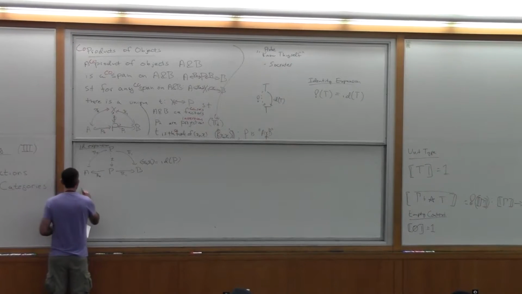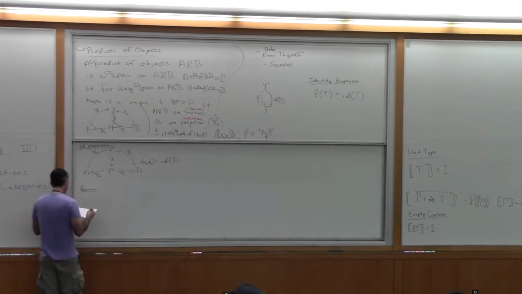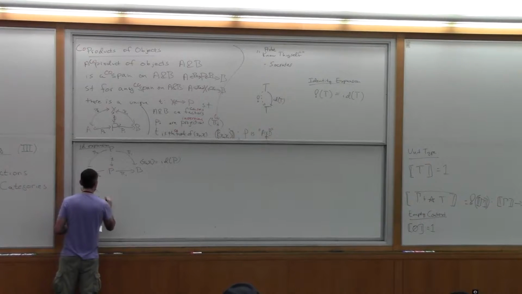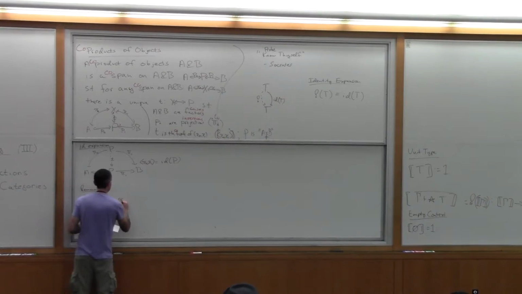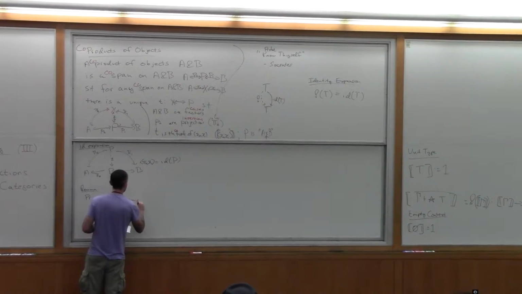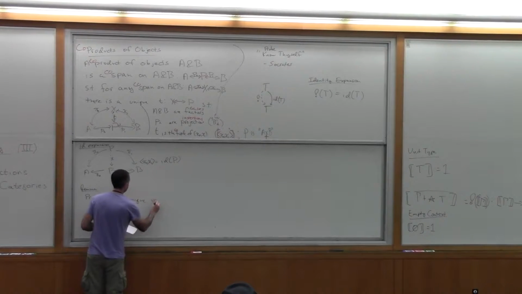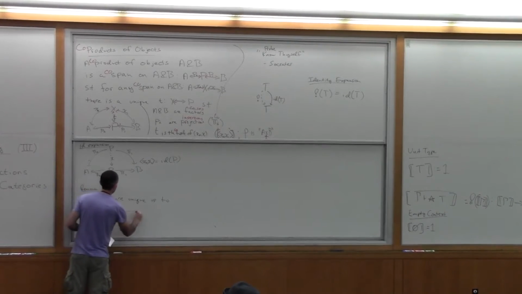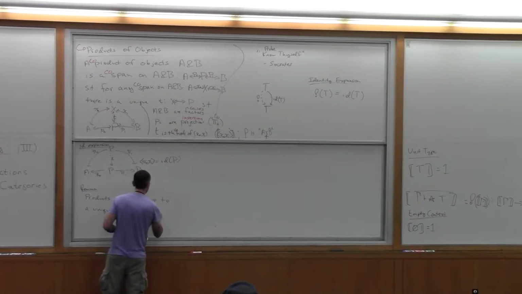And now we have the uniqueness thing. So the uniqueness lemma says that products are unique up to a unique, well, some structure preserving iso.